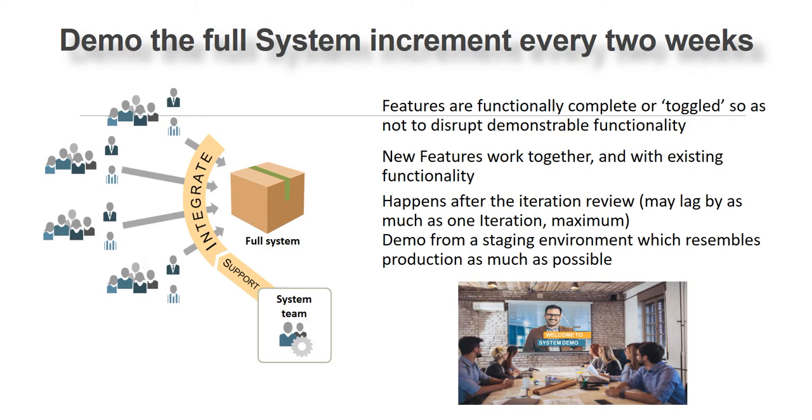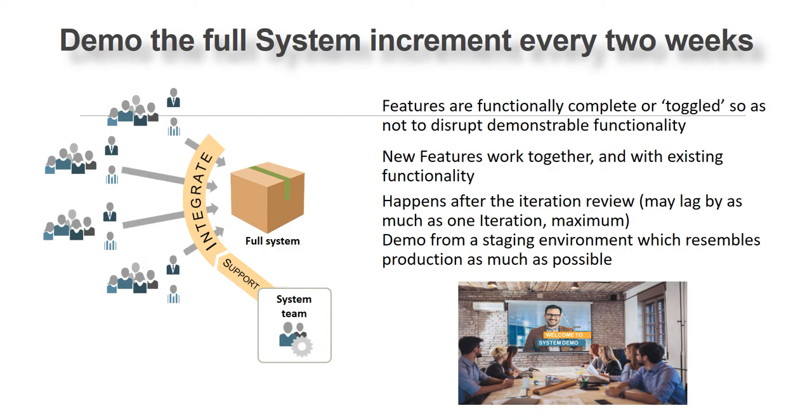So that happens every 2 weeks, and this is something that is mandated by the Scaled Agile framework, that we should have a system demo in place. Whatever is completed by all those 5 teams should be integrated, and we should come up with a system demo and show it to the product owners.